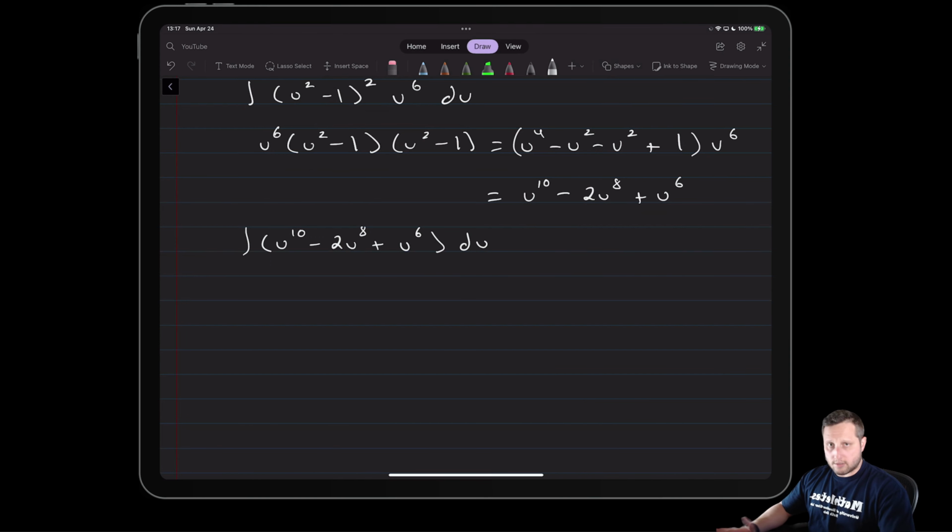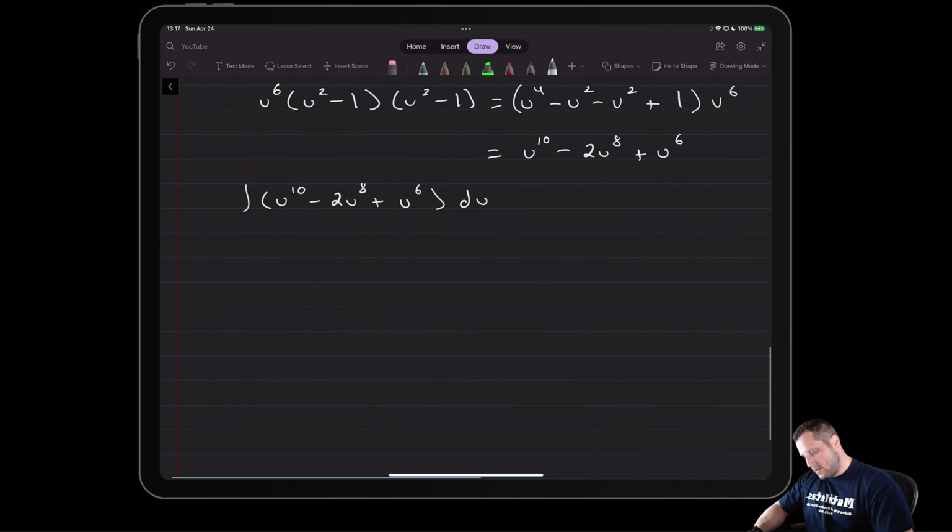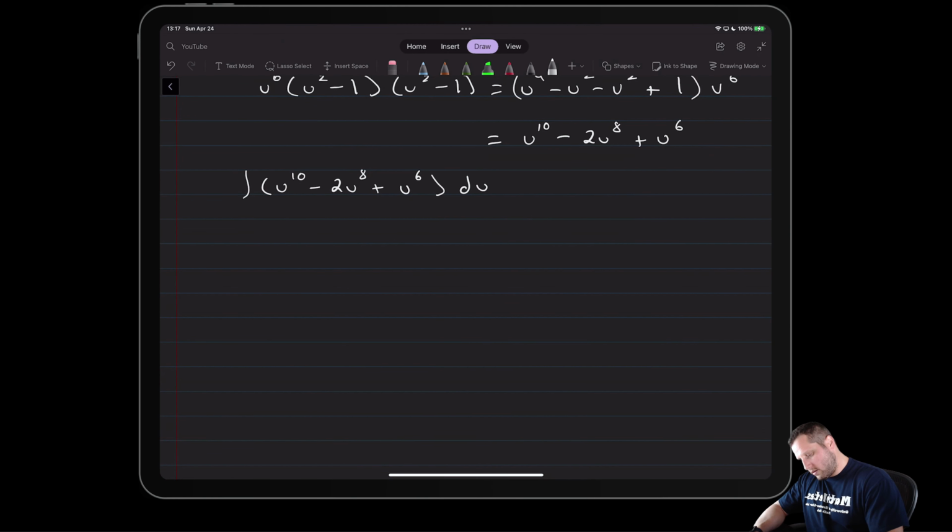And then this is just taking normal antiderivatives. So what we find is 1 over 11 times u to the 11th minus 2 over 9 times u to the 9th plus 1 over 7 times u to the 7th plus c.